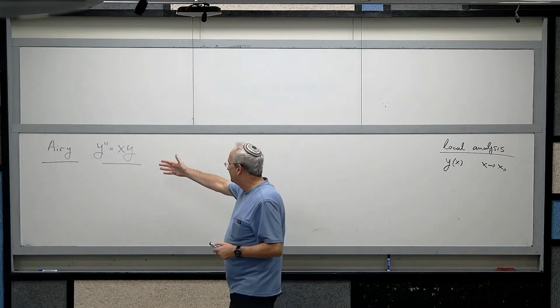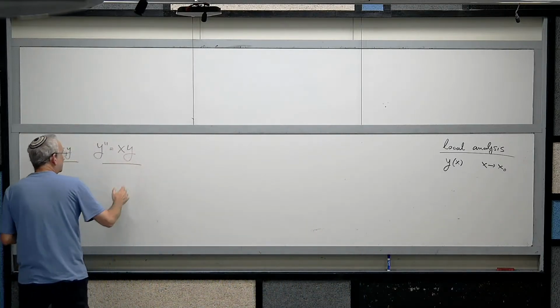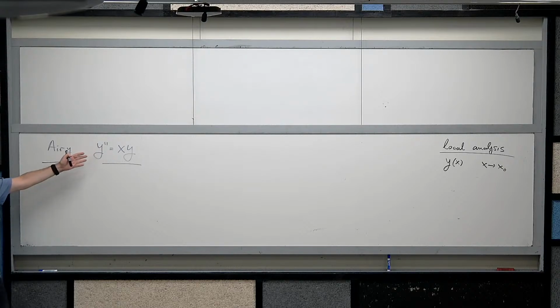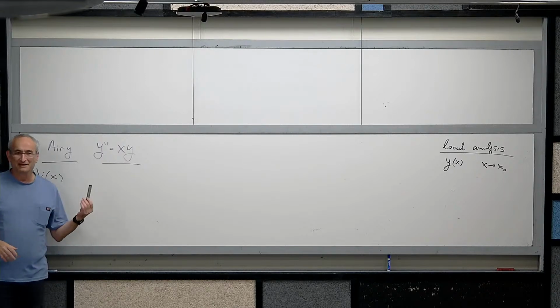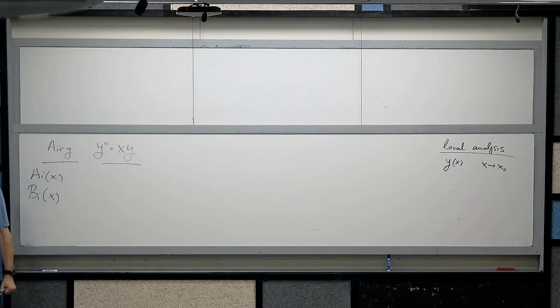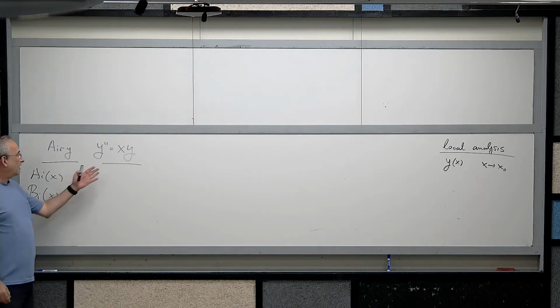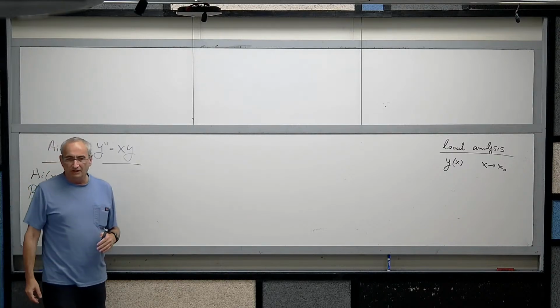We want some program that will allow us to calculate the values of any function. By the way, there are two independent, of course, this is a second order equation. There are two linearly independent solutions, and they are known as Airy function and Bairy function. There was no person Bairy, it's just the B of Airy, right? And okay, so how do we deal with such a problem?